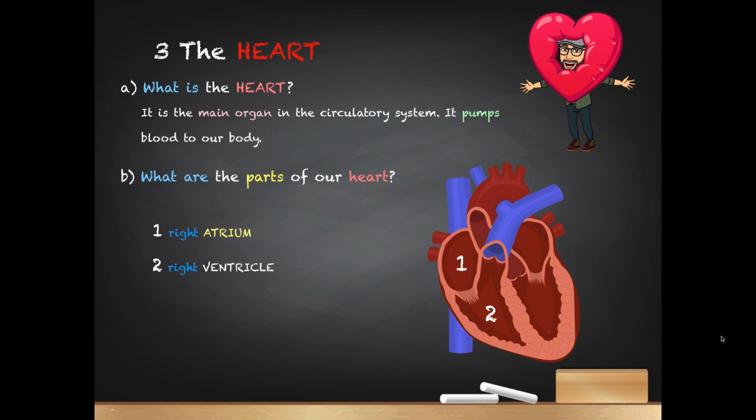Okay, so up, right atrium, and down, right ventricle. And now let's see the left side. Number three, we have the left atrium up, and down we have number four, the left ventricle. Okay, so up we have the atriums, and down we have the ventricles.